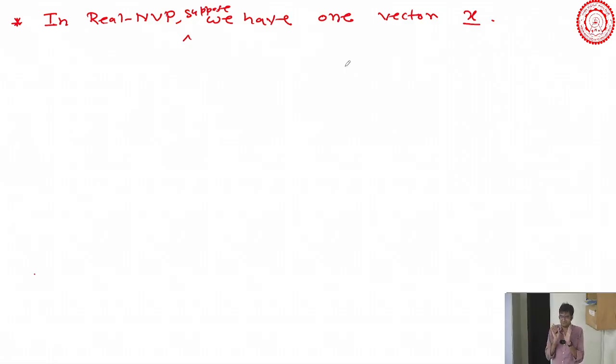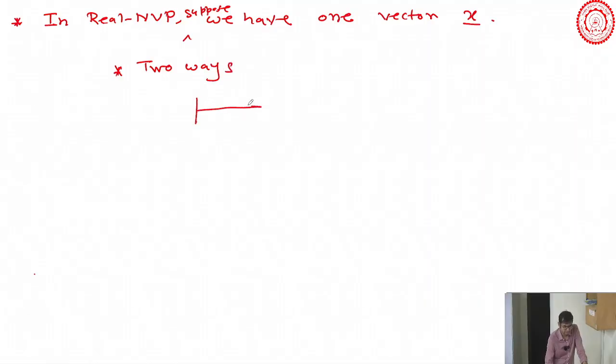There are two ways of doing that. The first one is you take a vector and randomly partition it.